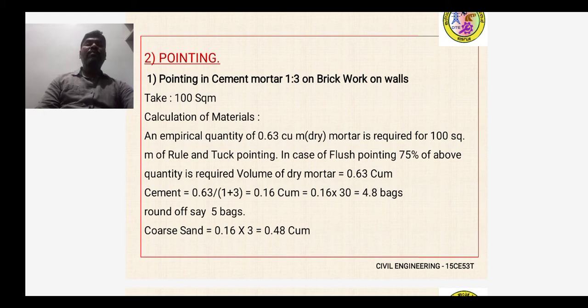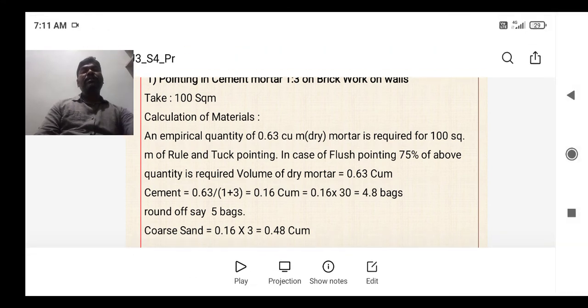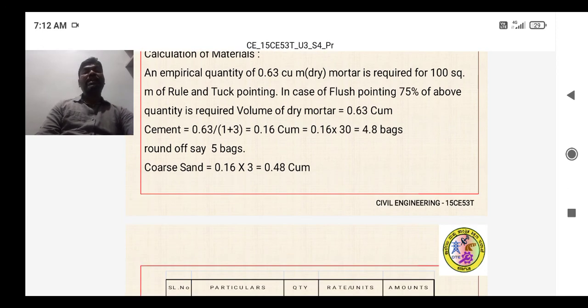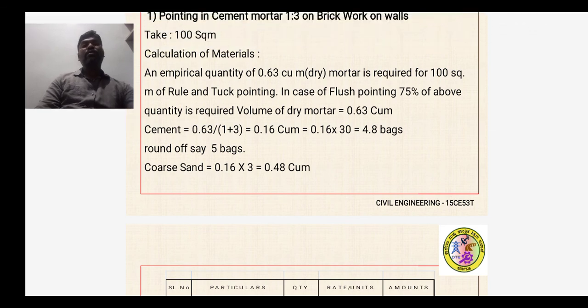Volume of dry mortar 0.63 cubic meter, ratio 1:3. Cement: 1 into 0.63 divided by 1 plus 3, around 0.16 cubic meter. 0.16 into 30 bags of cement is equal to 4.8 bags. Round off, say 5 bags. Coarse sand: 0.16 into 3 is equal to 0.48 cubic meter.